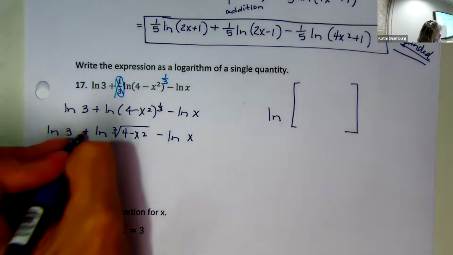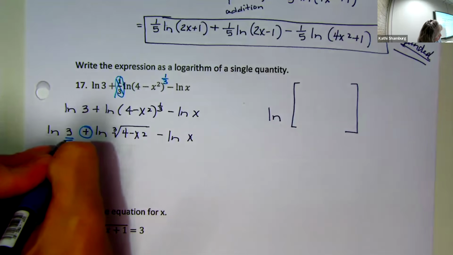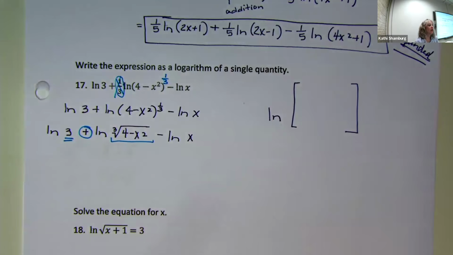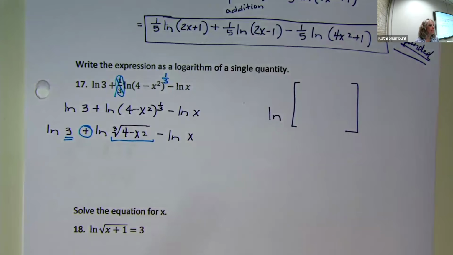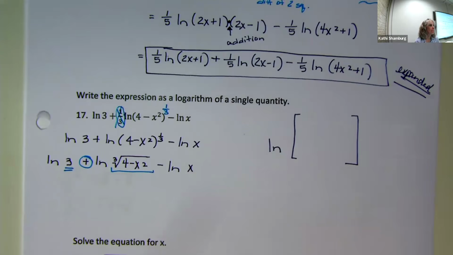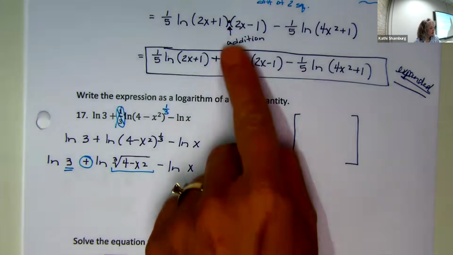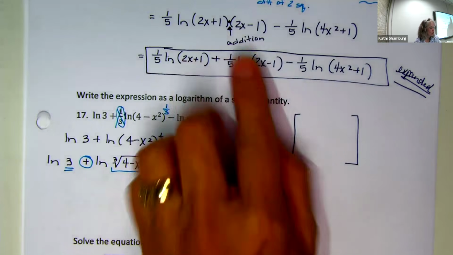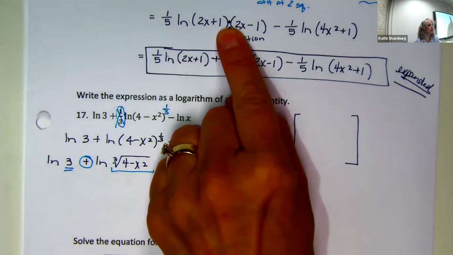All right. Plus means I can do what with these two parts? If we're going to a single log, what will I do with those? That's subtraction. What did I do? I did addition. If I'm going back, what operation is being used?